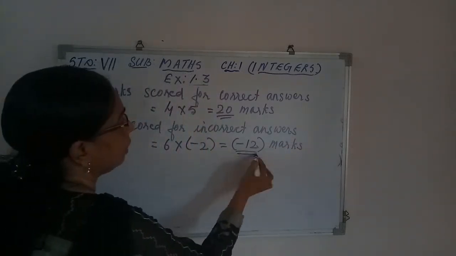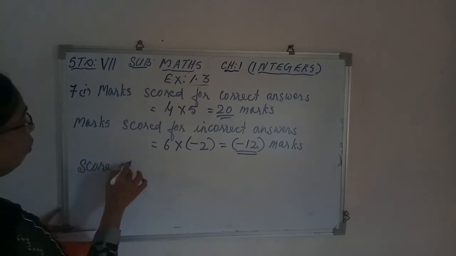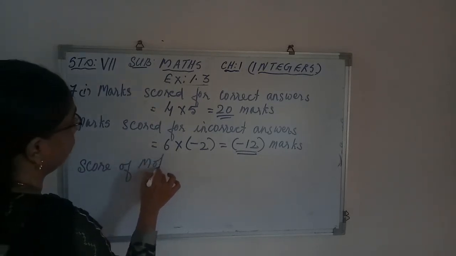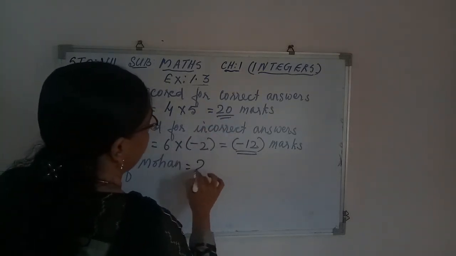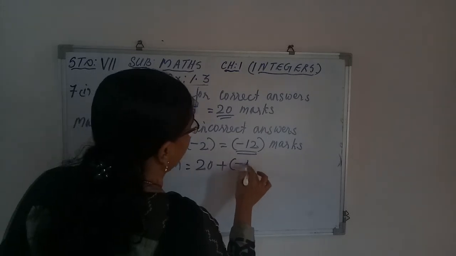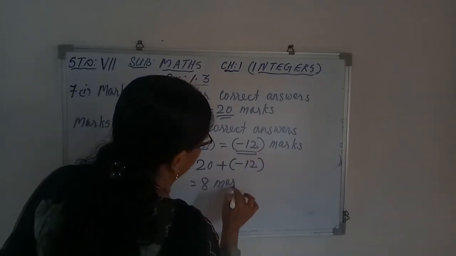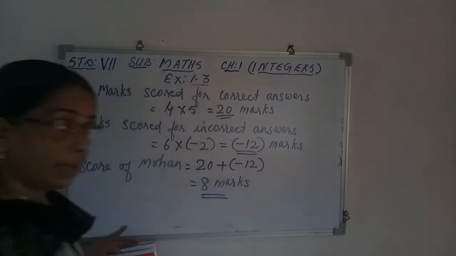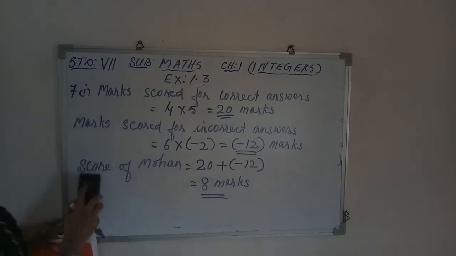Isn't it? Then total score of Mohan. Then what it is? 20 plus minus 12 will give you 8 marks. Is that clear?